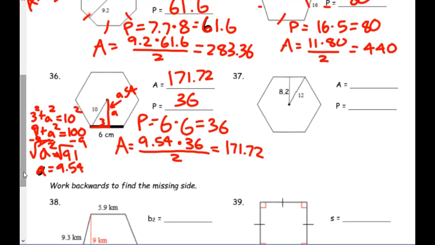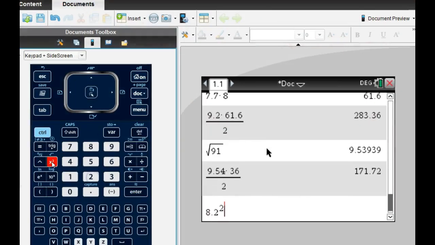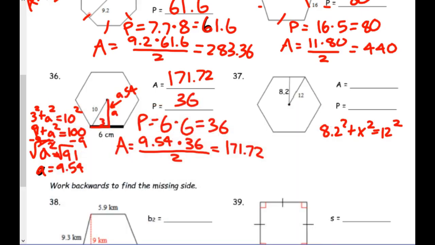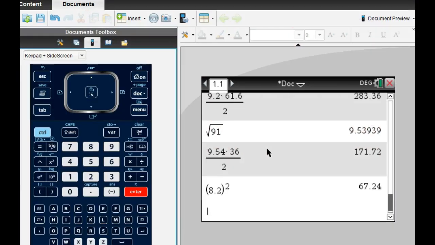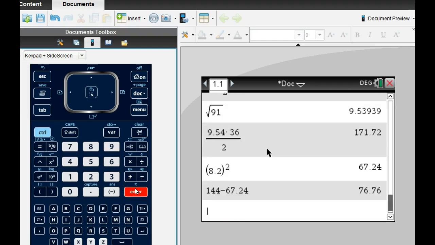Okay, on 37, again, it's Pythagorean Theorem, so a, b, c. Subtract and then we square root.